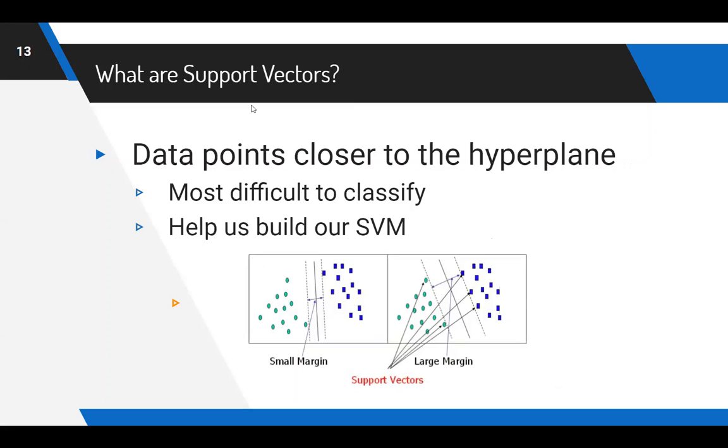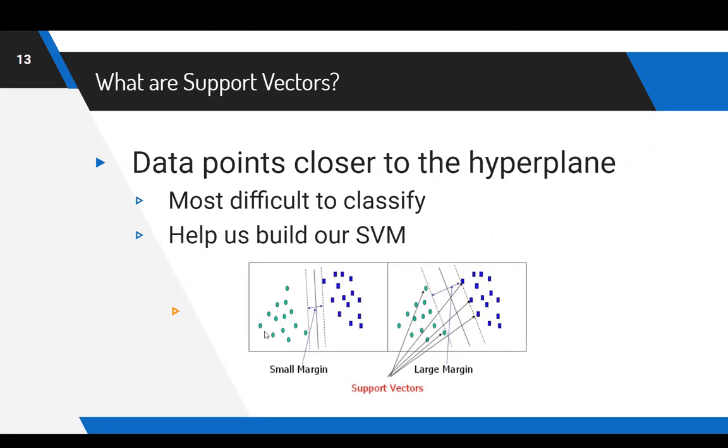So what are the support vectors? The support vectors are the data points closer to the hyperplane. These are the most difficult to classify. For example, if you look at the two groups of data, you've got your ovals and your rectangles.